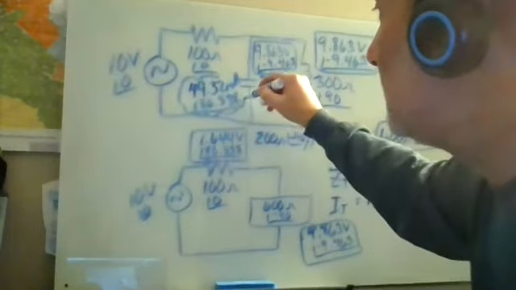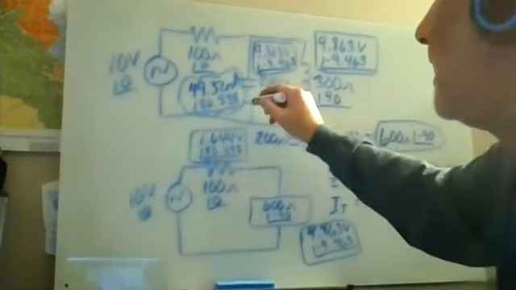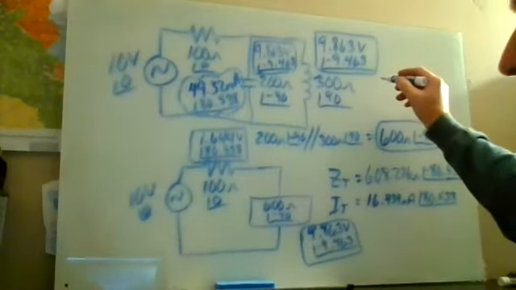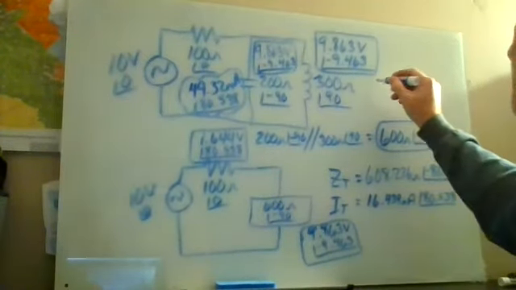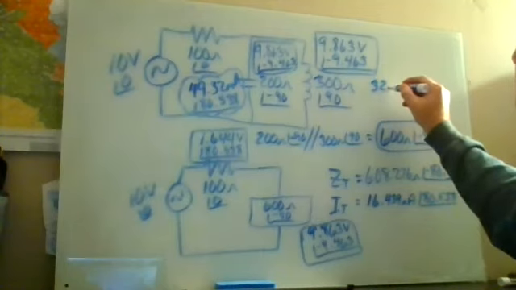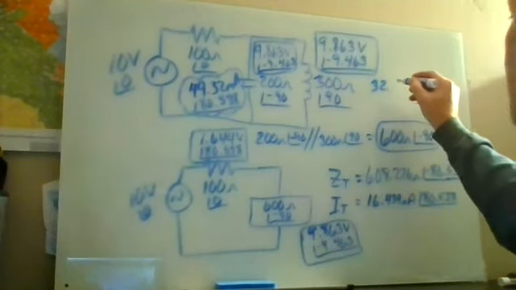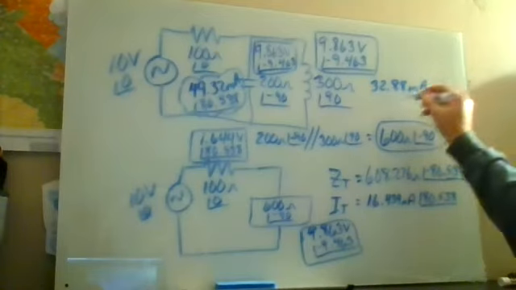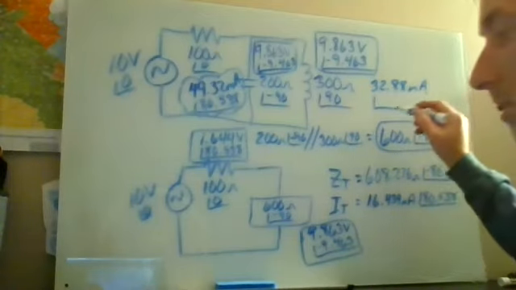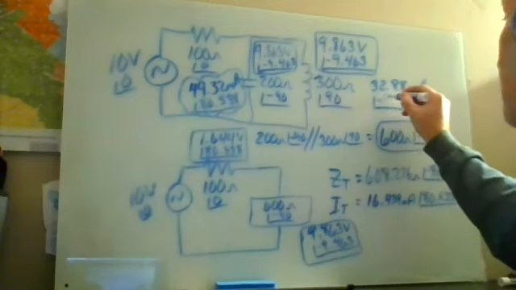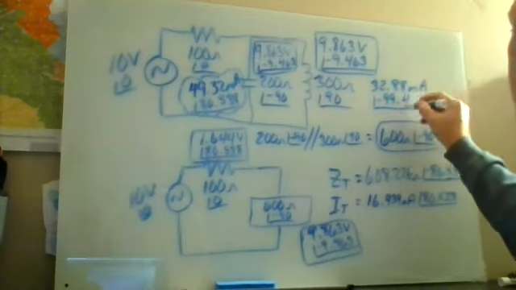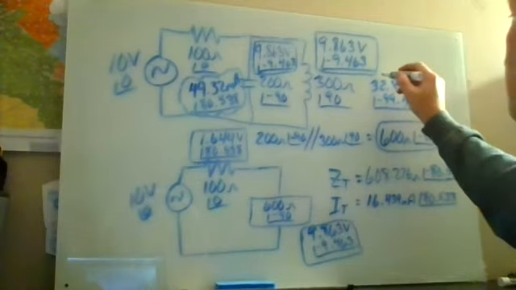That's my current through my capacitor. And for my inductor, I got 32.88 milliamps at an angle of -99.462.